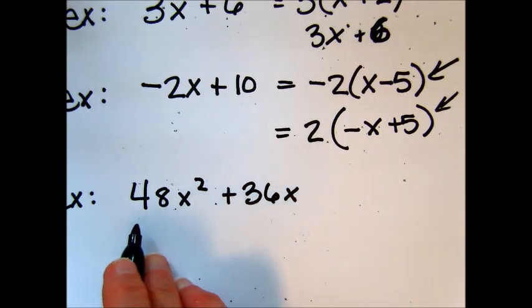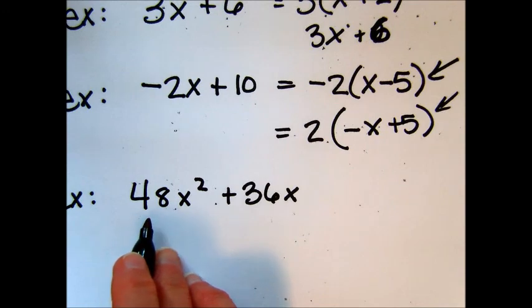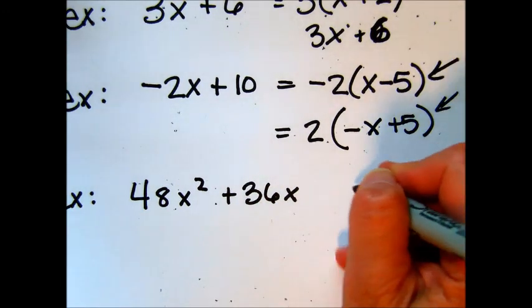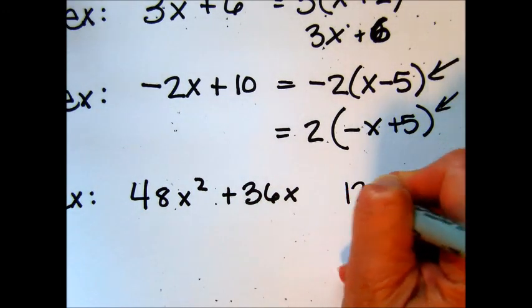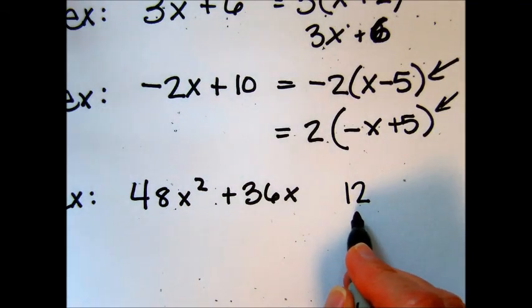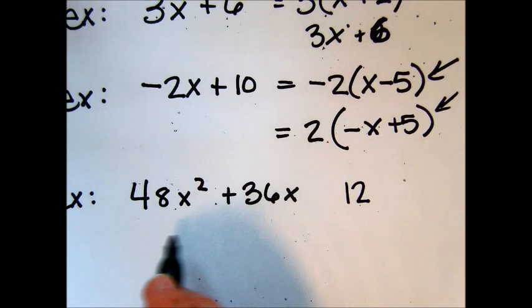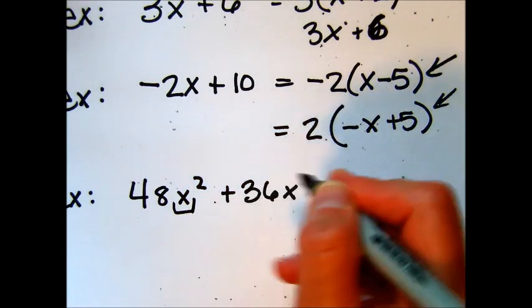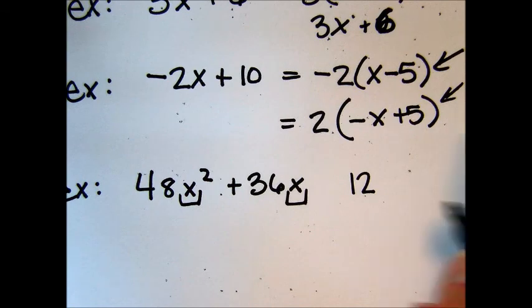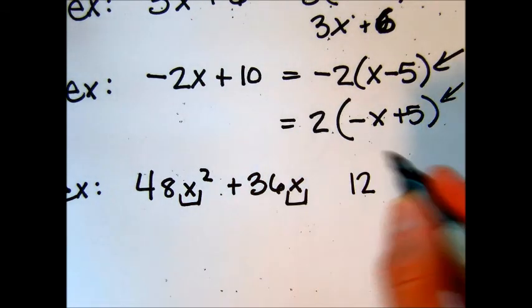What do you think is the greatest common factor between the 48 and the 36? Well, if you guess 12, you're correct. Okay. Now, we're not just going to have 12 on the outside and everything in the inside. Notice we have an x squared and an x. So both of those have an x variable, right?